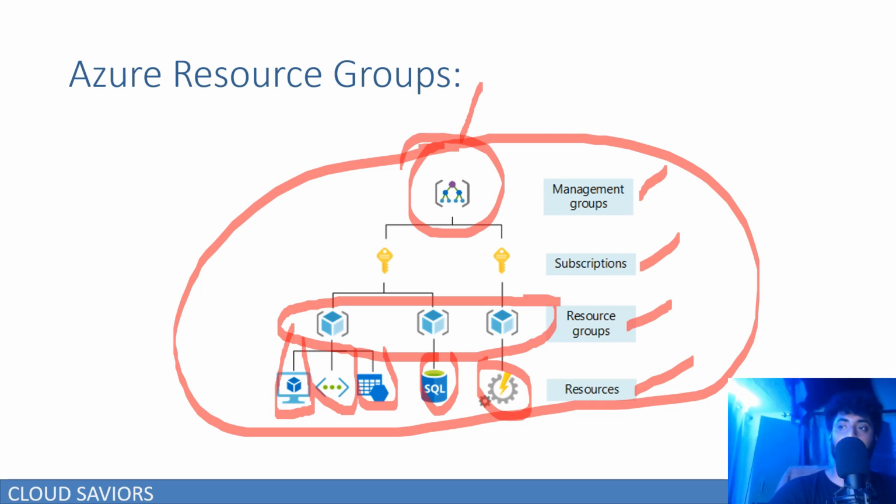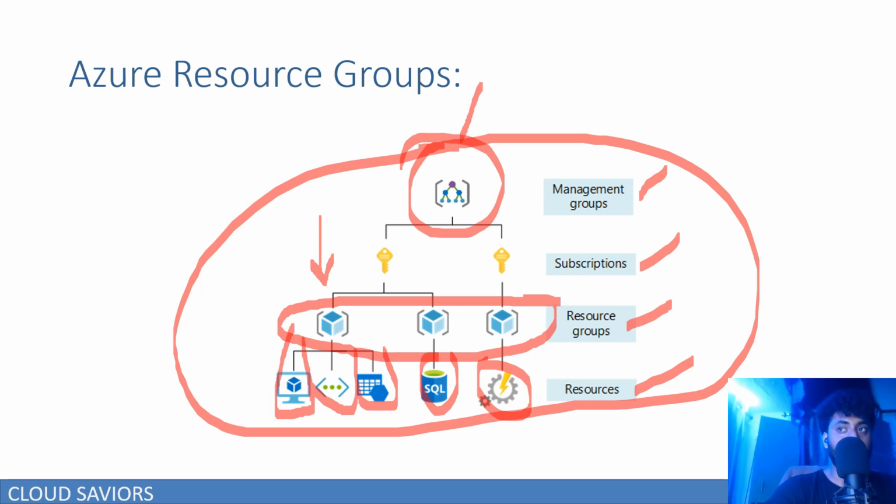Okay, and again, the resource group depends on how you want to use it. It's a kind of logical container. It doesn't mean that if you have one RG deployed in, let's say, Central India, every resource you deploy under this RG must remain in this region.